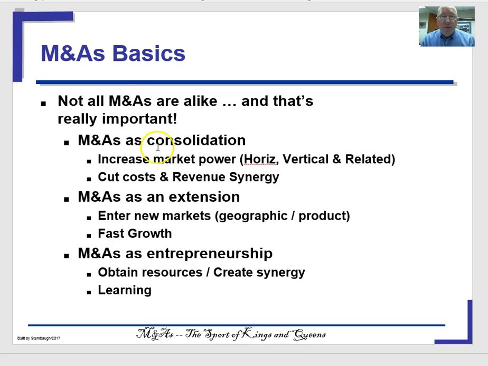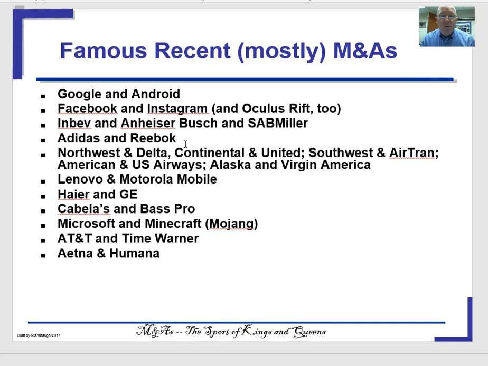Remember that I talked about this a lot in the class, which is not the way the textbook teaches. It's not that I disagree with the textbook, it's that I explain the material a little bit differently than the textbook does. And I talk about these types of mergers and acquisitions. Remember, if we go back to this slide, a consolidation would be all of these airline consolidations or all of these beer consolidations.